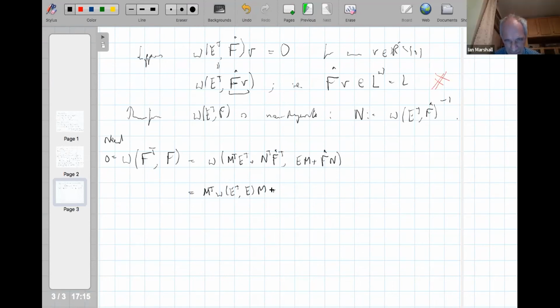So now I have N transposed omega F hat transposed E M plus M transposed omega E hat E transpose F hat N plus N transposed omega F hat transposed F hat N. All right, so now that one is 0.